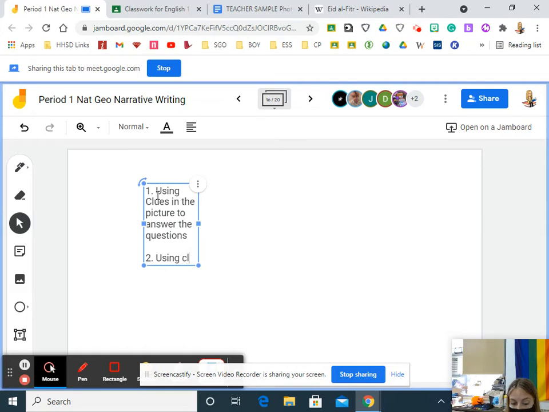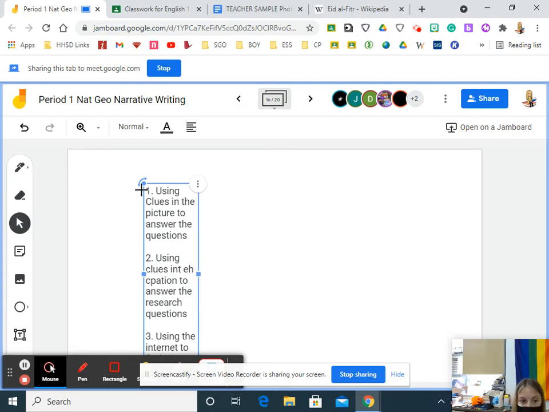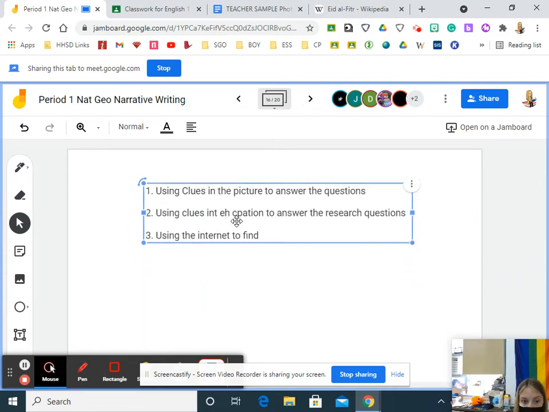We talked about using clues in the caption to answer the research questions. And we talked about using the internet to find information. And we said we're going to record the website.